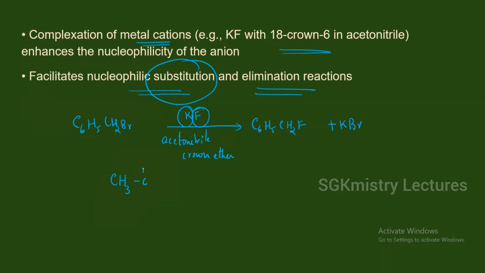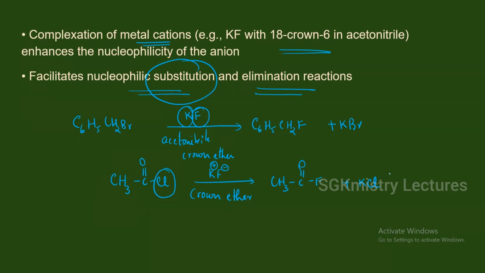So CH3COCl. Again, if I take KF, which is nothing but K plus F minus, right? So in the presence of crown ether, we can get CH3COF. Instead of Cl, there will be F, and this K will combine with the Cl. So you have KCl as the byproduct. So these both are substitution reactions.